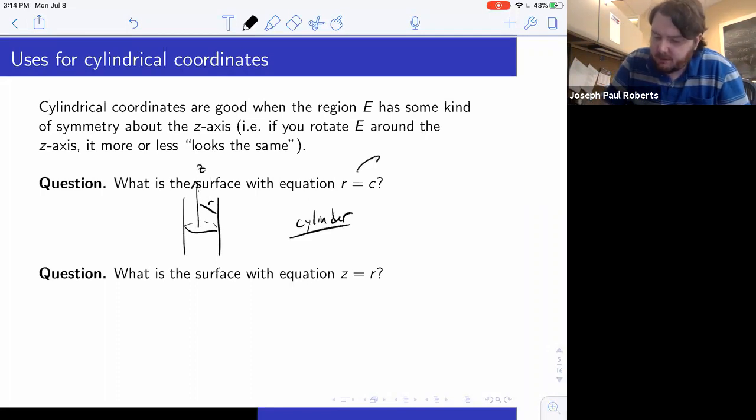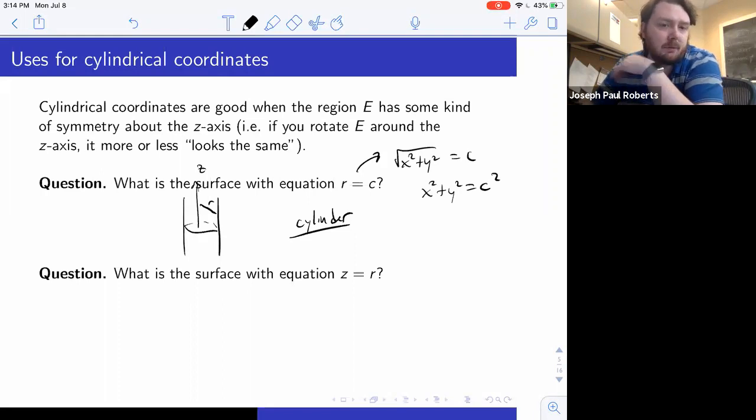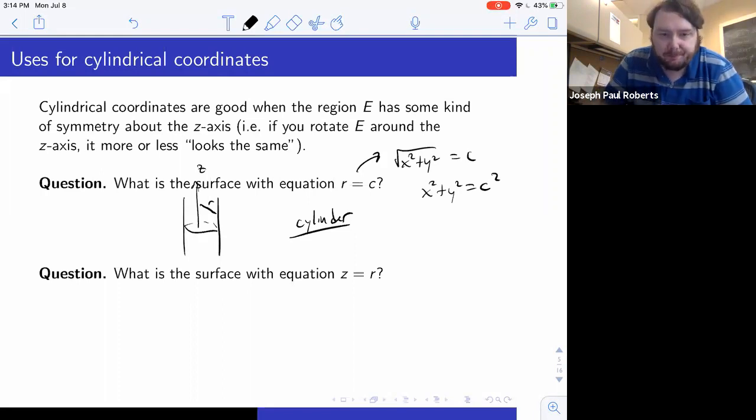I guess the other way you could do it is just mess around with the equation, right? r is the square root of x squared plus y squared. So x squared plus y squared equals c squared is this thing. And so remember, we learned about cylinder equations way back in chapter 12. But yeah, we get a cylinder. I guess I should say it's a circular cylinder around the z-axis with radius c.